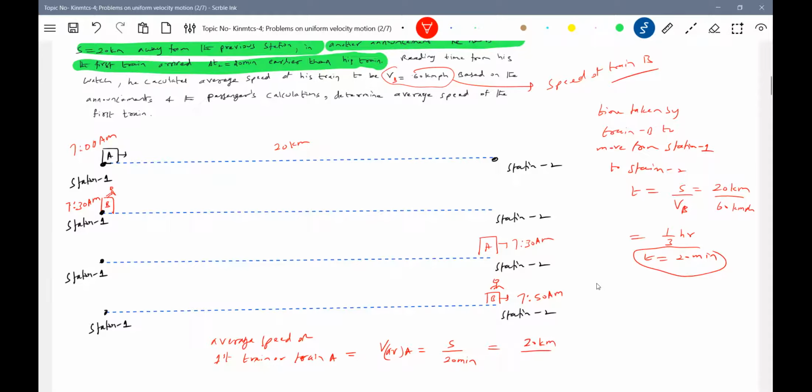Sorry, the time is 30 minutes, so this will be half an hour. So this will be 40 kilometers per hour. This will be the average speed of the first train.